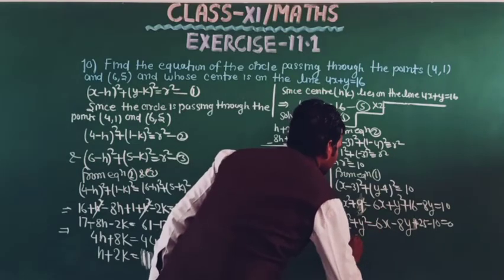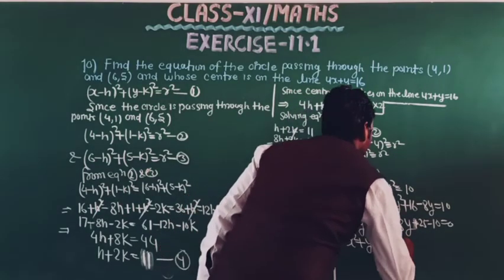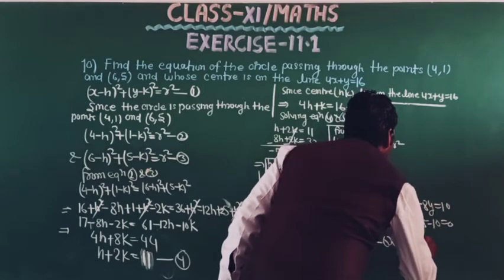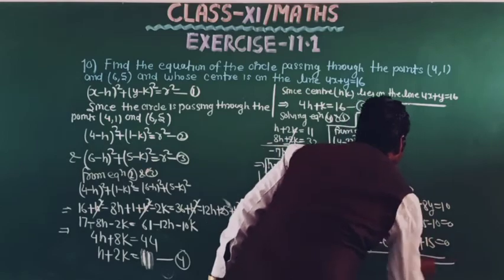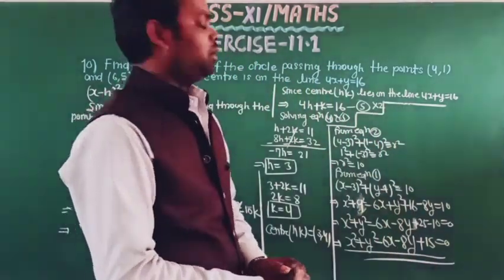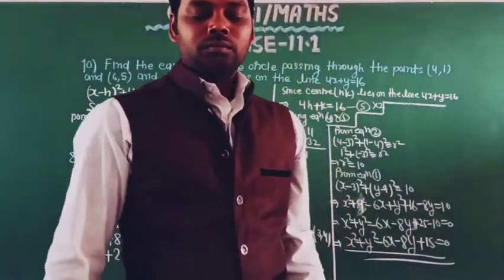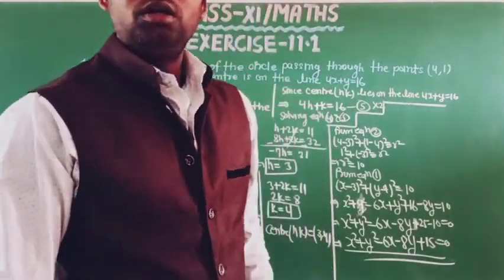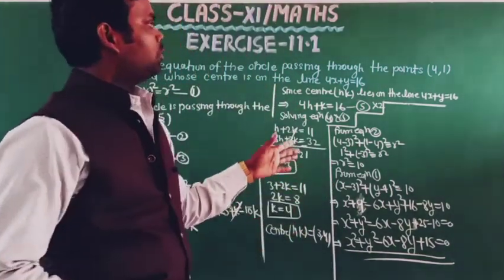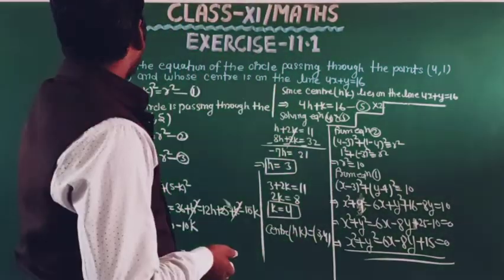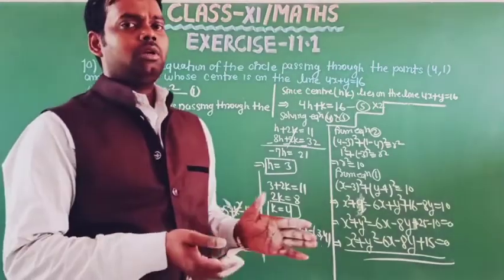So this expression becomes x² + y² - 6x - 8y + 15 = 0. This is the required equation of the circle passing through the points (4, 1) and (6, 5) and whose center is on the line 4x + y = 16.